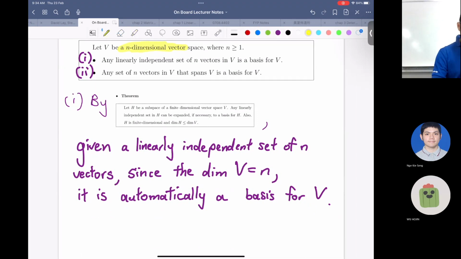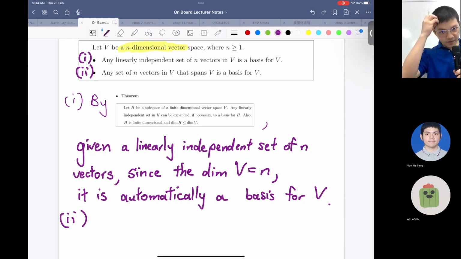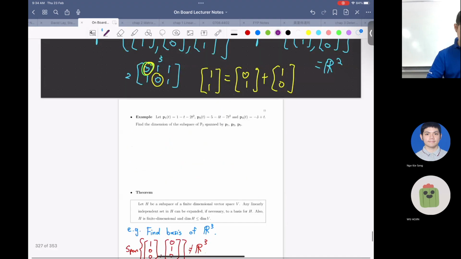The second part is: any set of n vectors in V that span V is a basis of V. So what does this mean? This means we have the spanning set theorem.